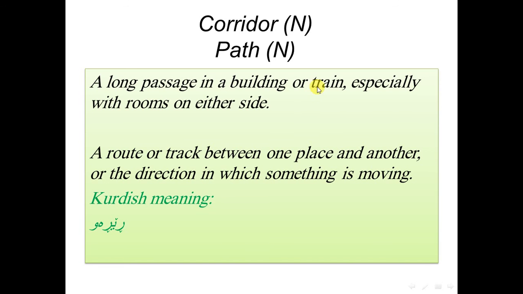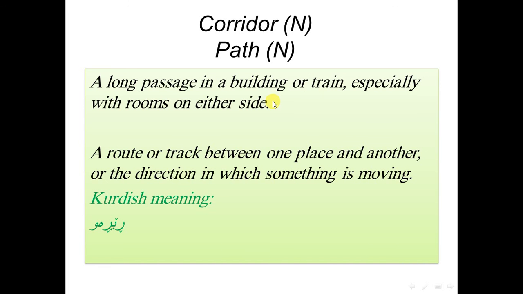Even in a train, in a bus, there's a side to side. In each side we have seats and people can sit, and between them people can walk through the bus, through the train and through the building.